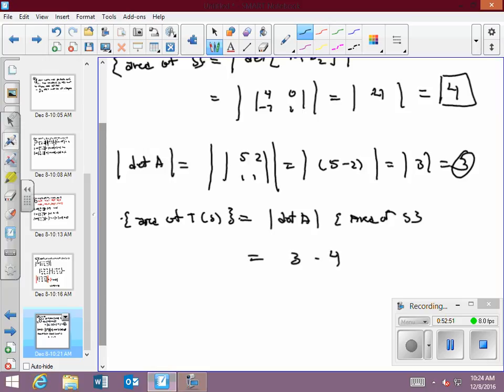The area of S is 4, so this is 12. So that's the area of the transformation.